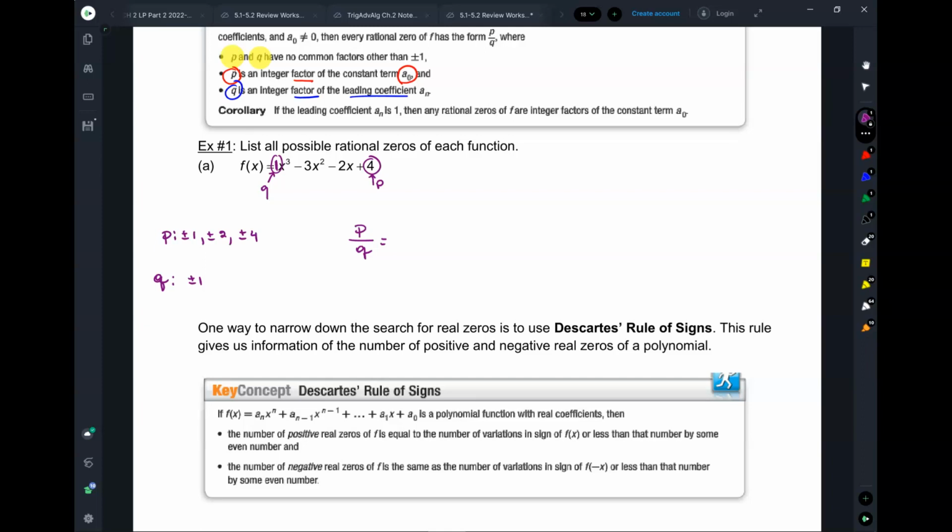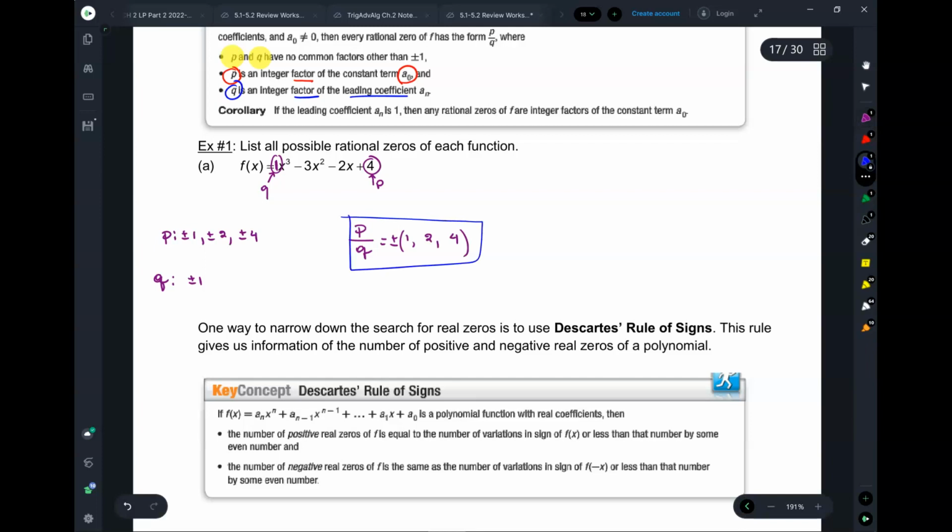And so it's going to be 1, 2, 4. Technically, they're all plus or minus, but because it ends up being so much unnecessary writing, I will allow you to do this, but please don't forget, okay? So that's it. This is the answer to this problem.